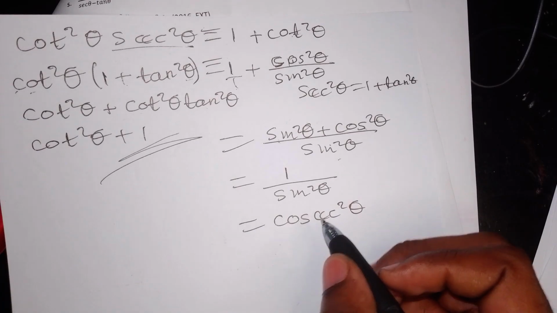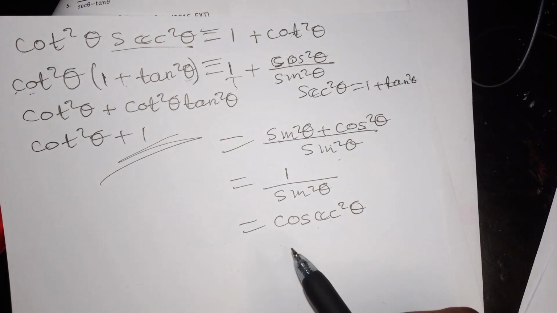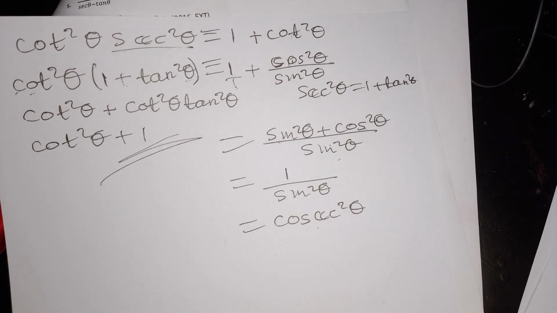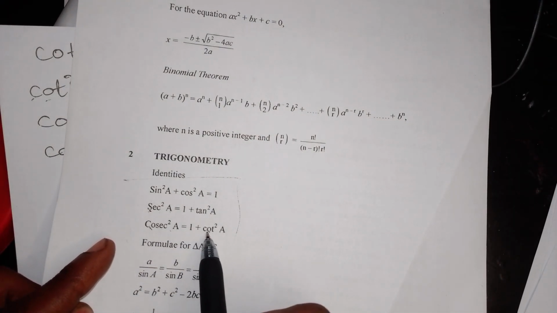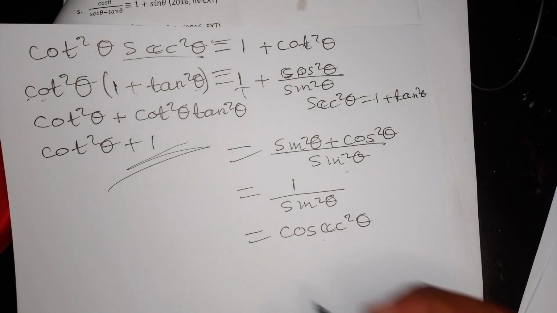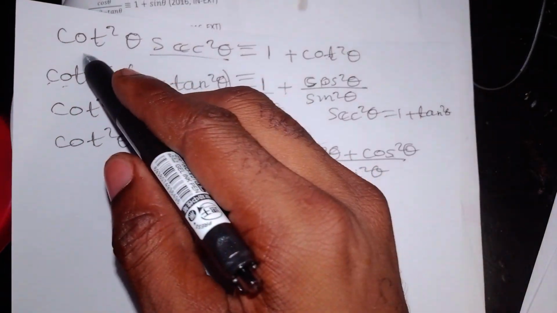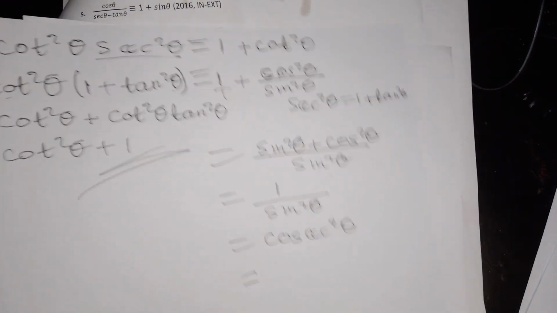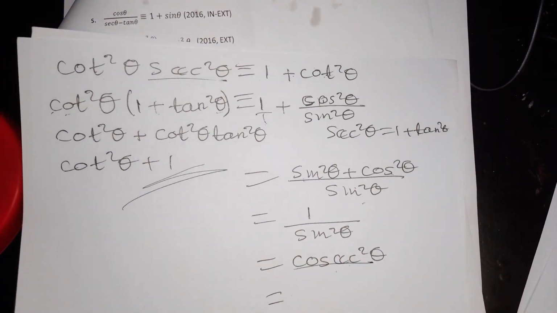And then what can I do with cosec squared theta to obtain that? So we can just refer to our identities for cosec. So this is 1 plus cot squared theta. And now I'm going backwards. So I think it's better to use this side, because when I change this, it will take me back to the starting point.